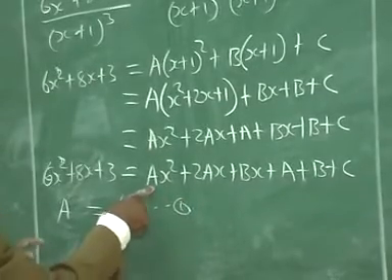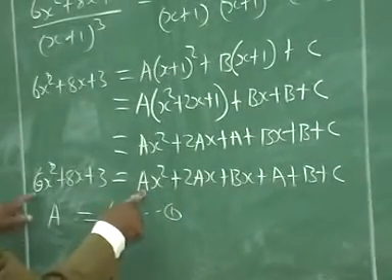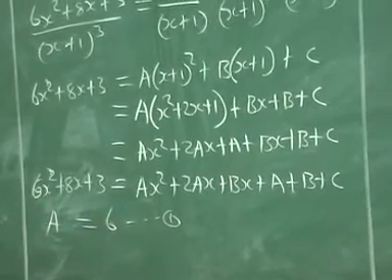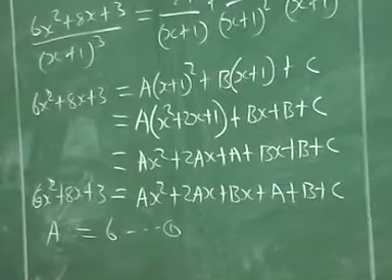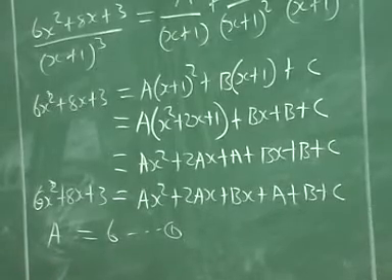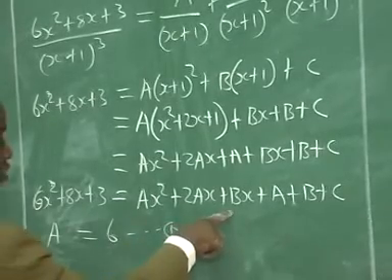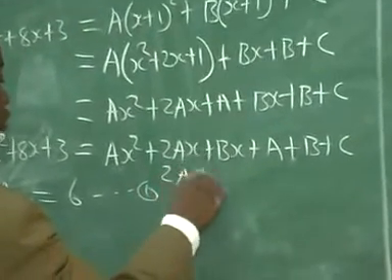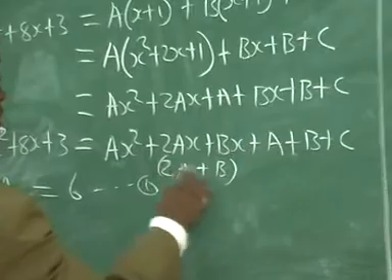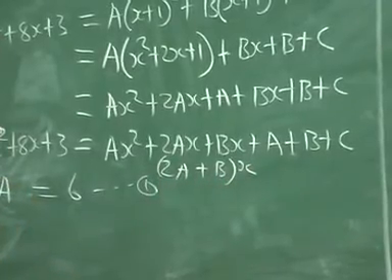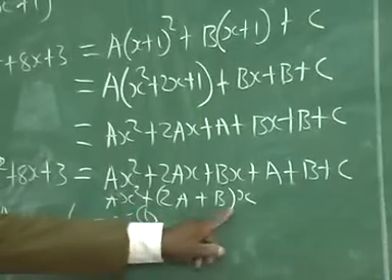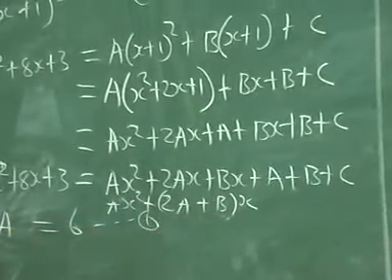because the coefficient of x squared here is 6 and the coefficient of x squared here is a. And we also see that for the coefficient of x, if we factor out x, we have 2a plus b. You see that? So x squared, then the coefficient of x becomes 2a plus b.